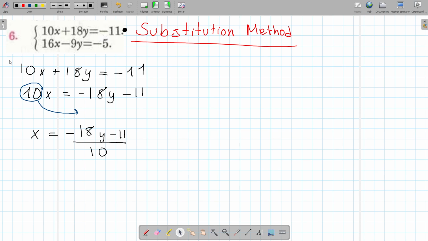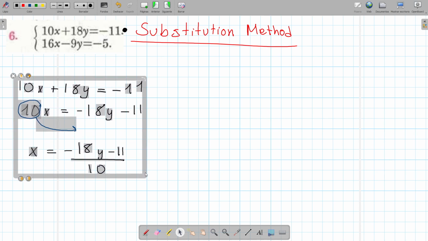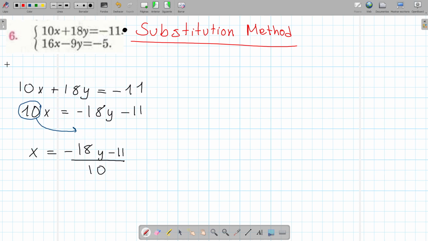Before I continue, remember I like to keep the order. The first step in the substitution method is to put x or y alone.